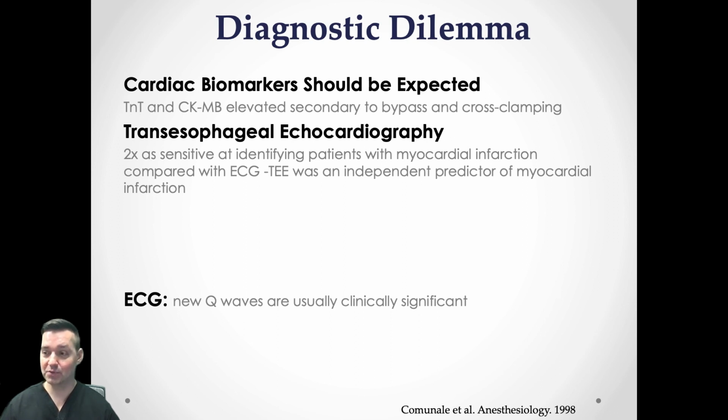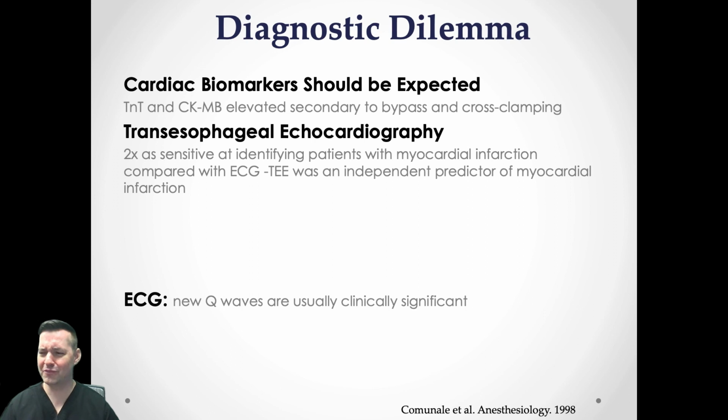And by and large, when you order, you're going to get yelled at for ordering biomarkers because you expect them to be high, right? That being said, if you have a high clinical index of suspicion for active ischemia, and again, it starts with clinical index of suspicion. This is why experience and conversation and discussions are so important. If you have very high cardiac biomarkers, well, then maybe there's myocardial ischemia.